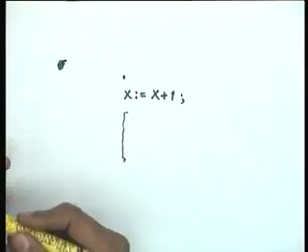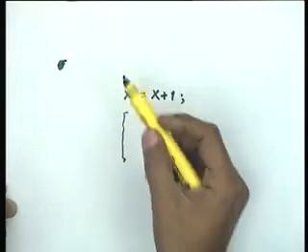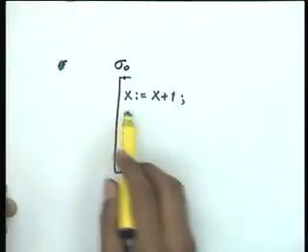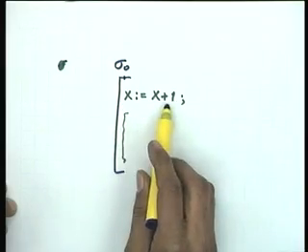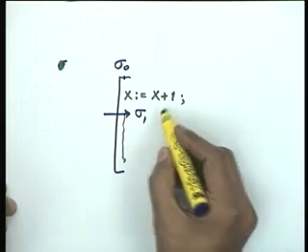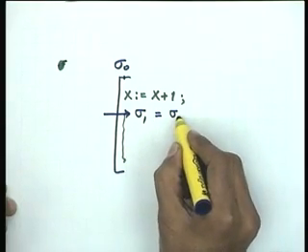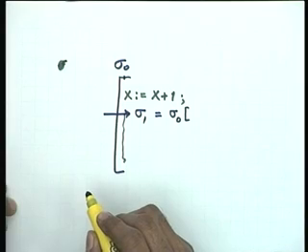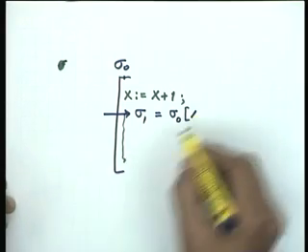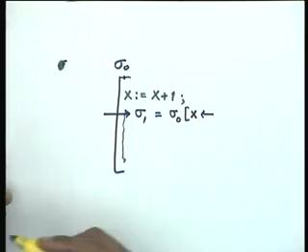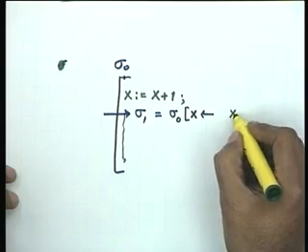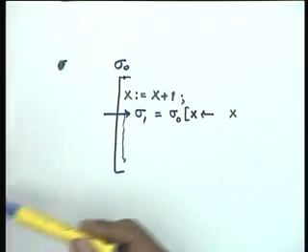When this is evaluated starting from a state sigma naught, at the end of this you get a new state sigma 1, which is different from sigma naught in the sense that x now has the value which is one more than the x given by sigma naught.